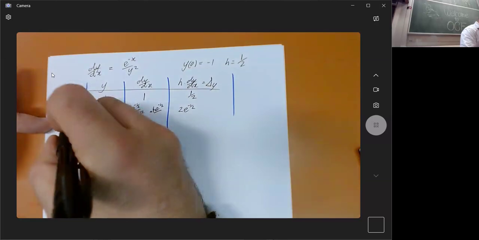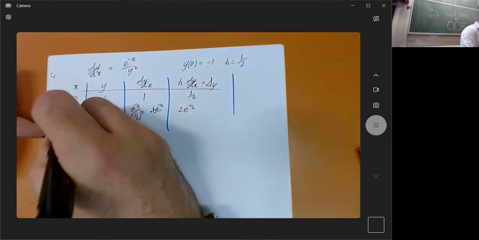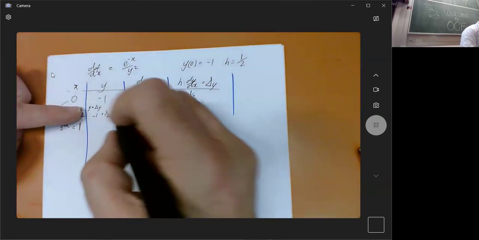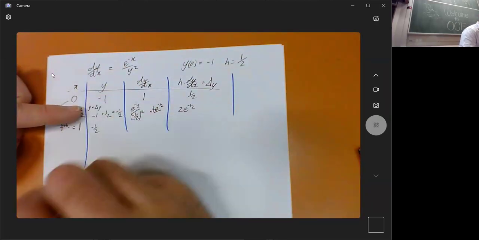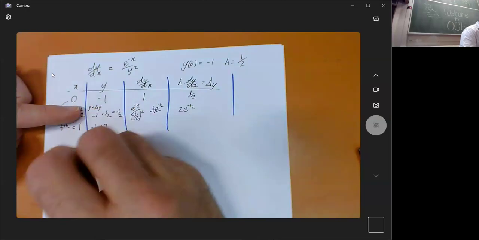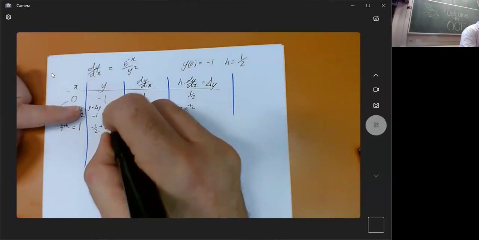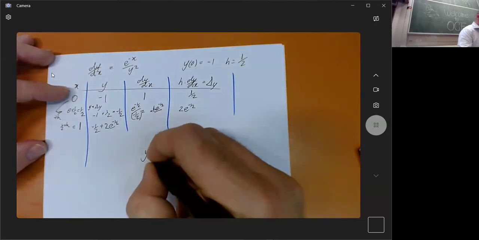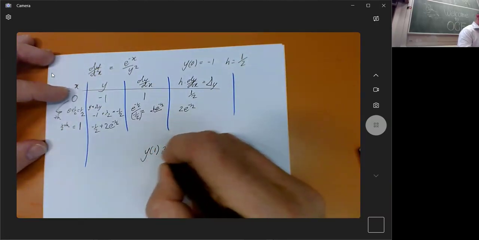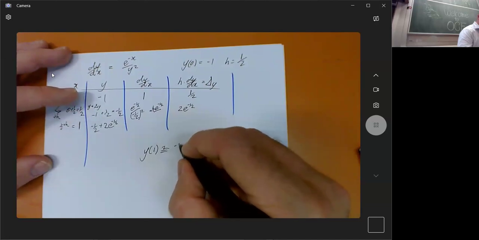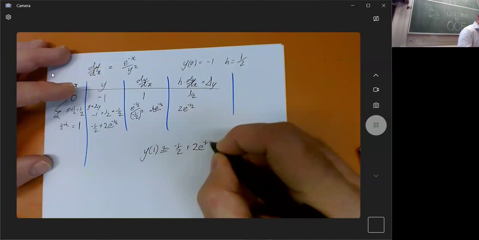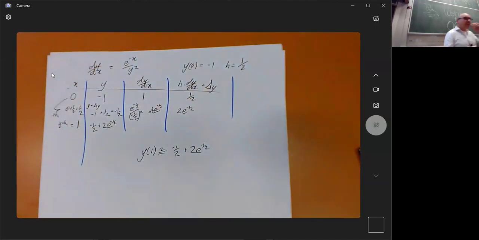So when I come down to here, this should be a half plus h, which will be equal to 1, and this should be minus a half plus 2e to the minus a half. So my y(1) is approximately equal to minus a half plus 2e to the minus a half. That's an exact value.